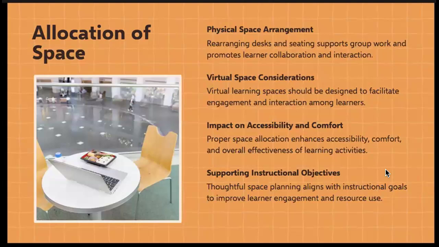The next element is allocation of space. Here we are talking of physical space arrangement. Now, it is important to rearrange desks and seats to support group work and promote learners' collaboration and interaction. If you're using a virtual space, which may be an online class, virtual spaces should be designed to facilitate engagement and interaction among learners also.